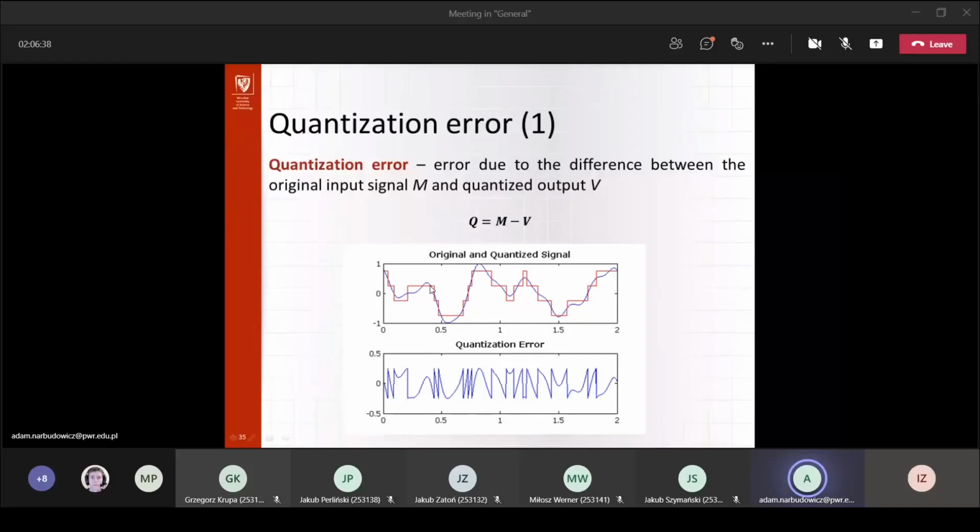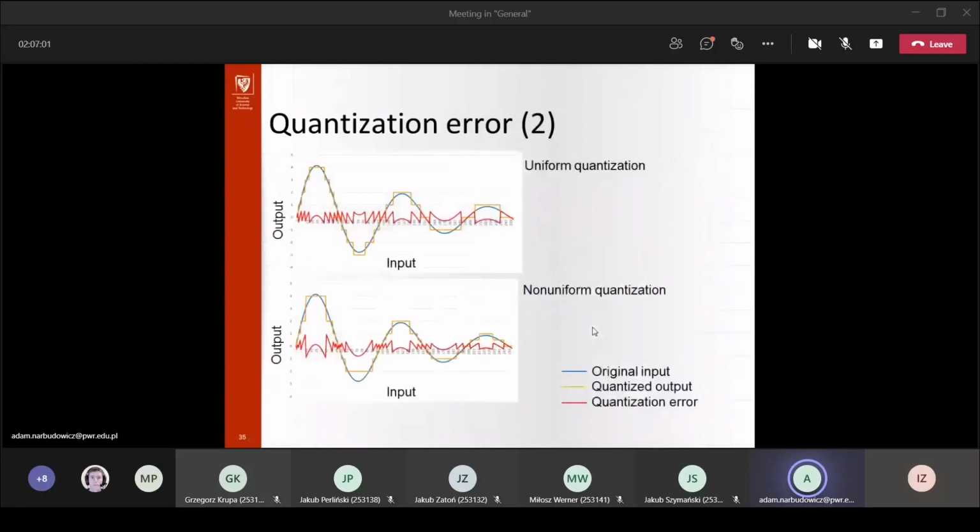We lose a small portion of information here, and this is what is called quantization error. The error, the missing part of information, is here. And contrary to the sampling, we won't ever be able to recover that information again. Once it's lost, it's lost.